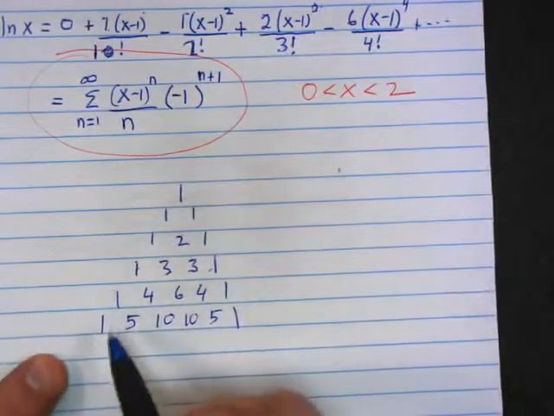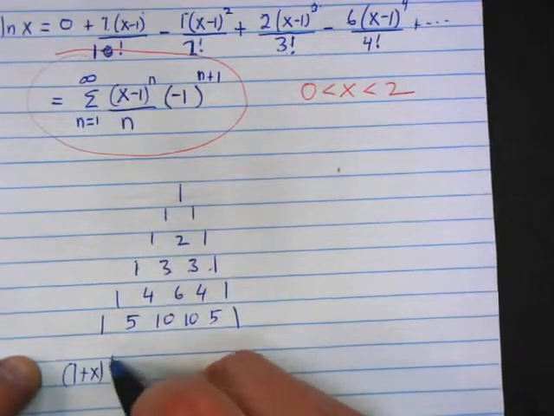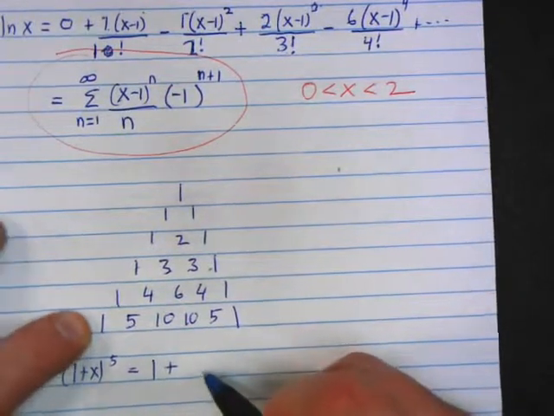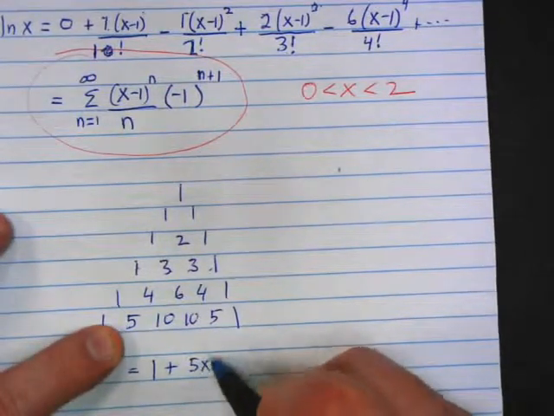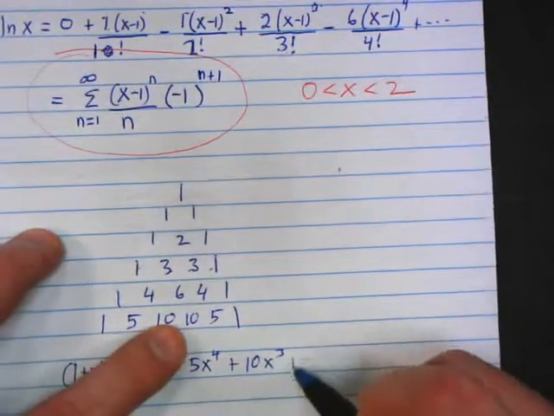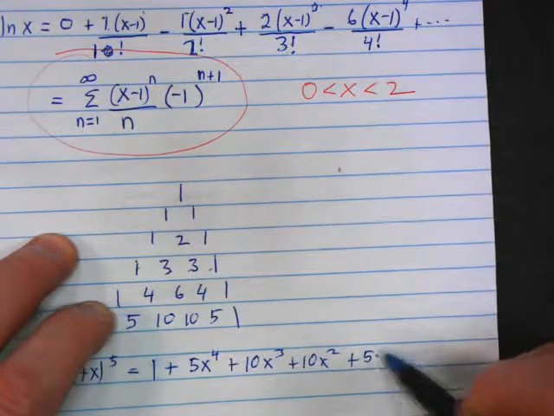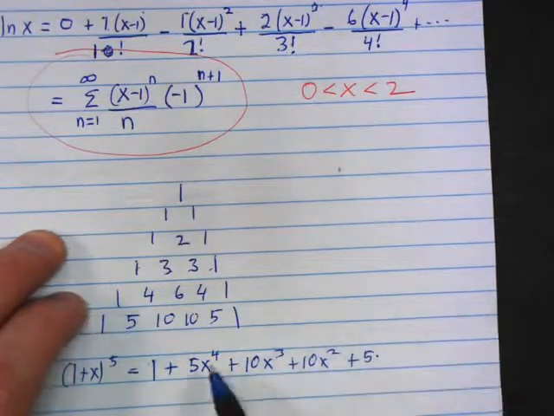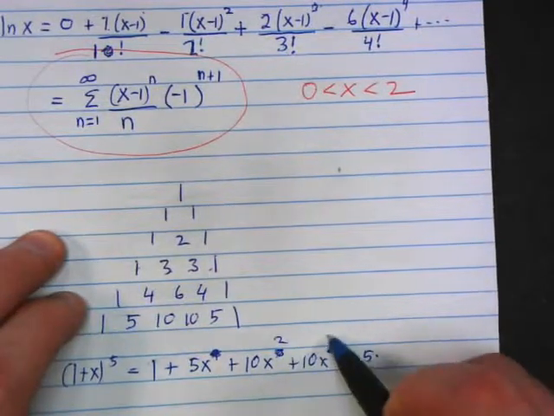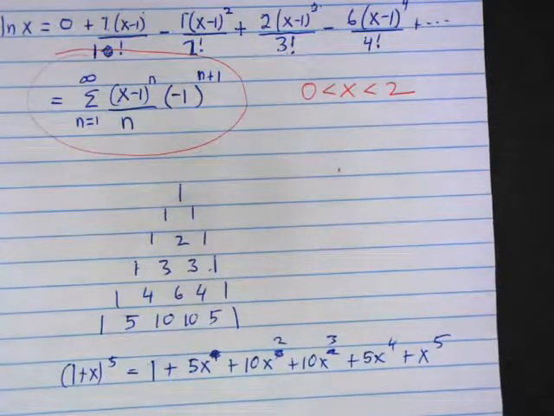There it is. 1 plus x to the 5th would have a 1, then it would have 5x to the 4th, 10x cubed, 10x squared, 5, oops. My x's should be going up in powers. 1, 2, 3, 4, 5.